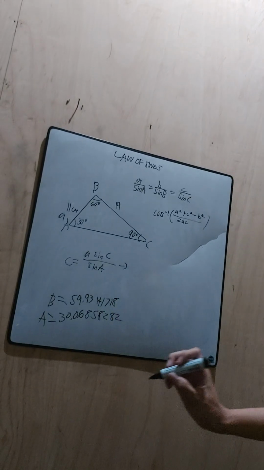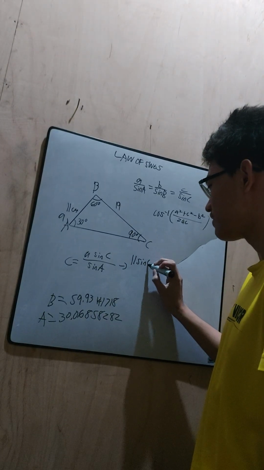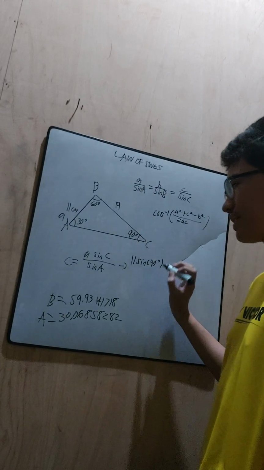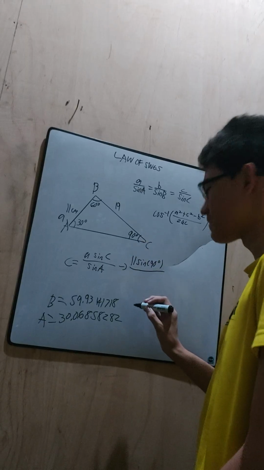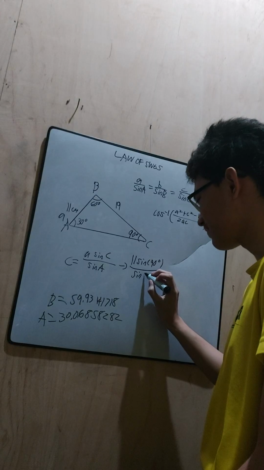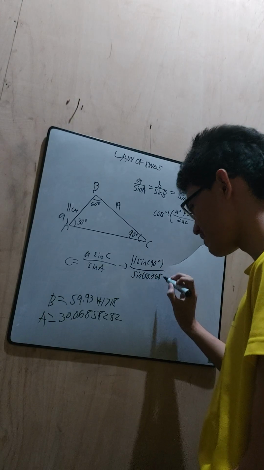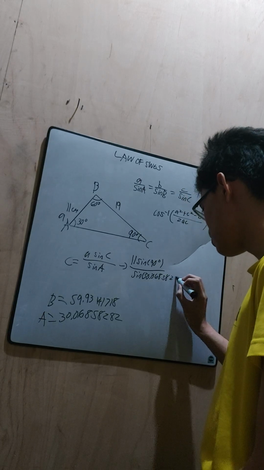Now let's substitute values. So 11 sine 90 degrees. There's no need for approximation for 90. It's a perfect value. It's literally just 90 degrees. Over sine 30.06858282.